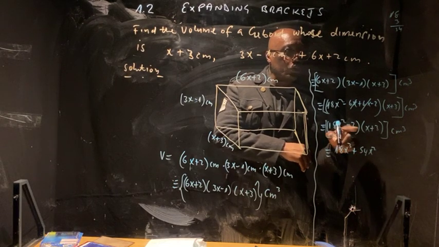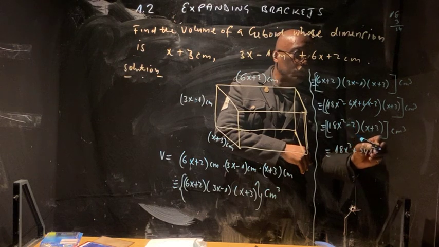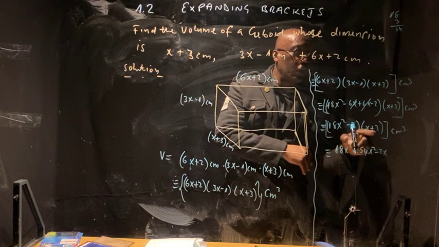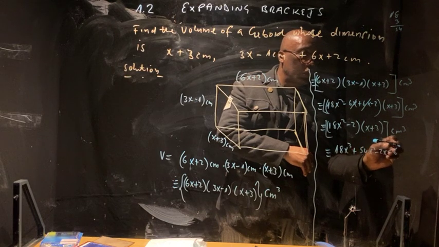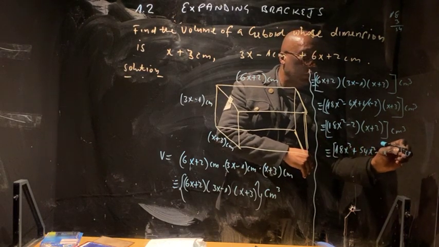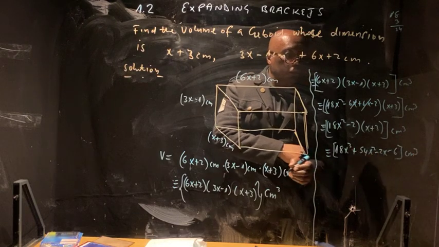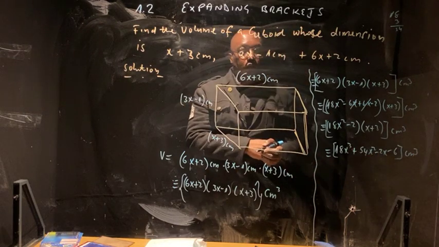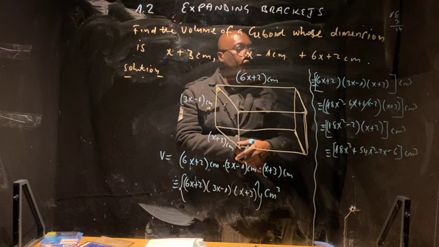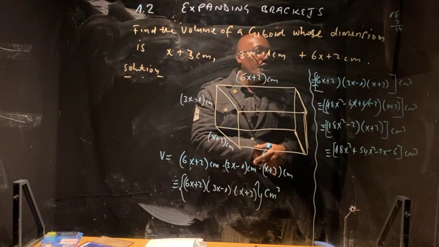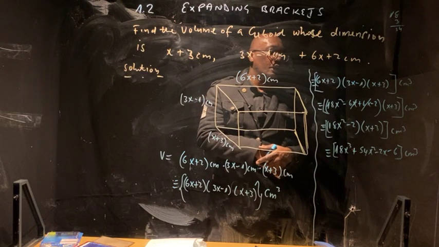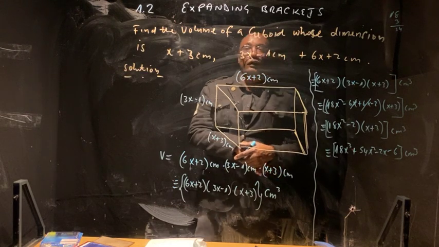Minus 2 multiplied to x, we have minus 2x. Minus 2 multiplied to 3, we have minus 6, all in centimeter cube. Therefore, the volume of the cuboid is 18x cubed plus 54x squared minus 2x minus 6 centimeter cube.